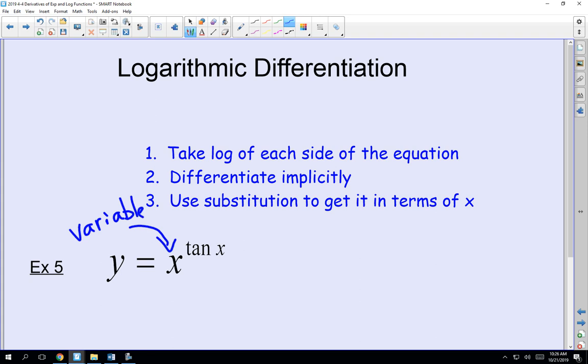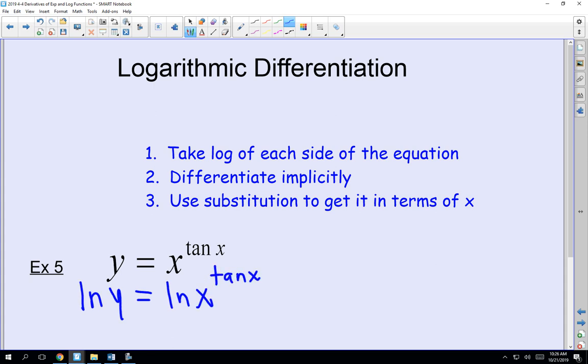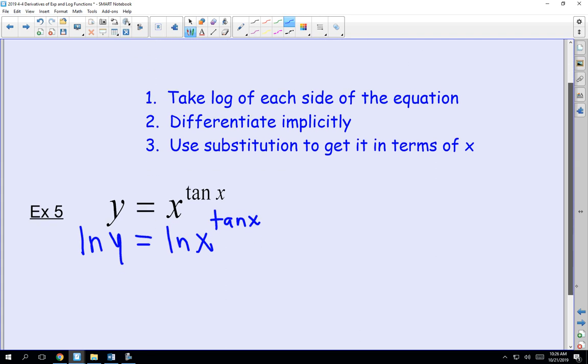Step 1 is to take the log of each side of the equation. So we're going to take the log of each side of the equation. So we'll do that first. It looks like this. We're going to take log base e. So ln of y equals ln of x to the tangent x power. So that's the first step. So step number 1, write that step down and do it.